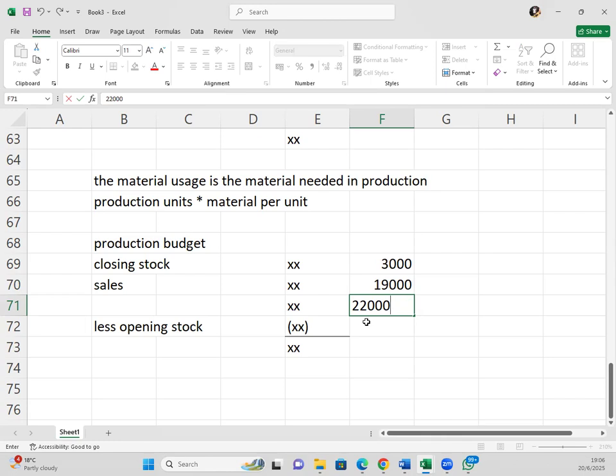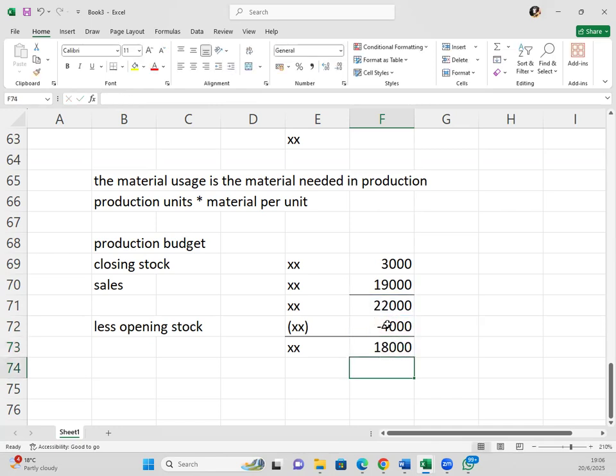Then we less the opening inventory. How much was the opening inventory? 4,000. We then get our production budget. So this will tell us how many units we are planning to produce. We are planning to produce a total of 18,000 units.